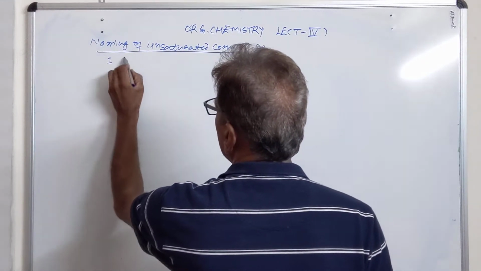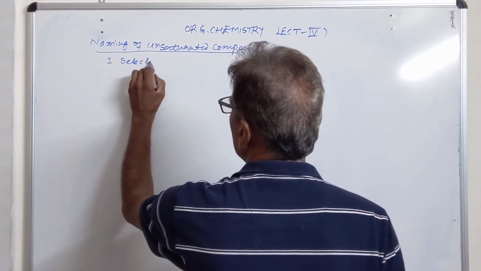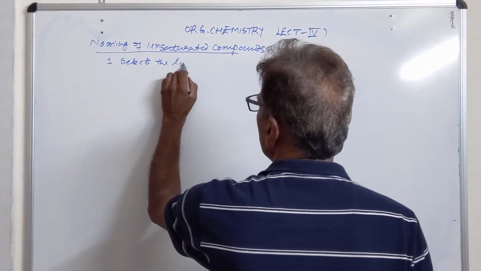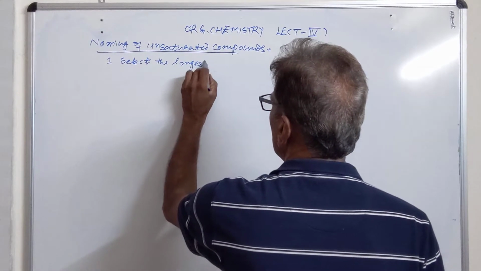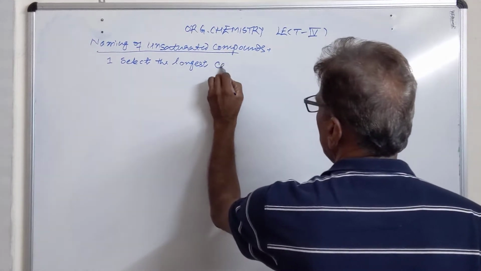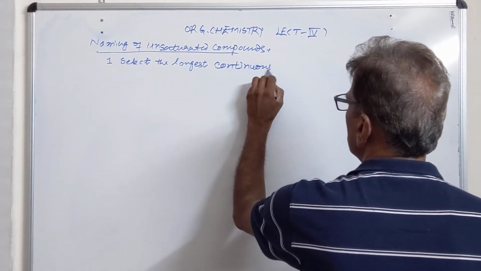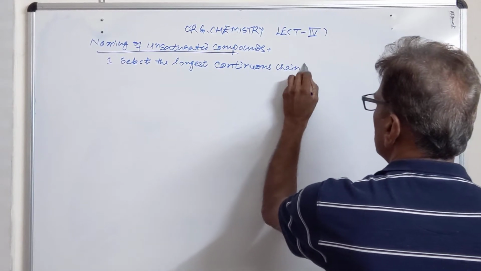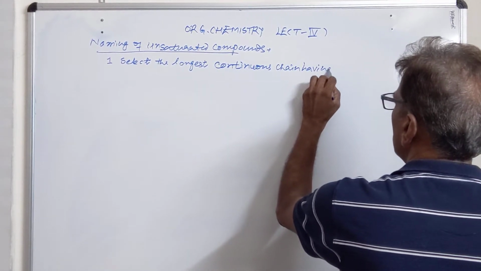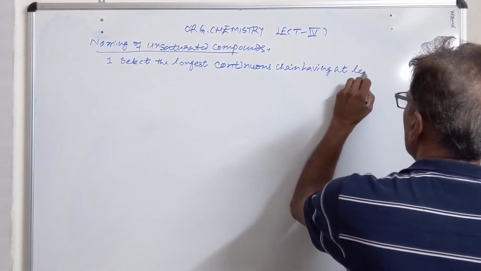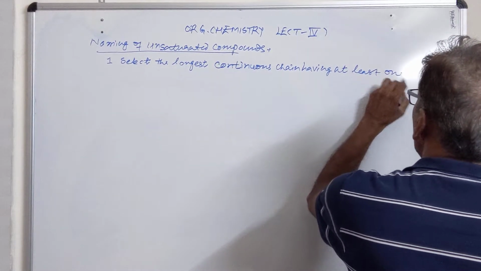Rules for that: select the longest continuous chain having at least one multiple bond.